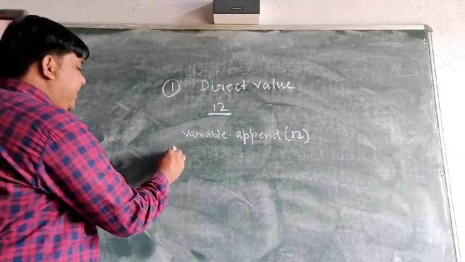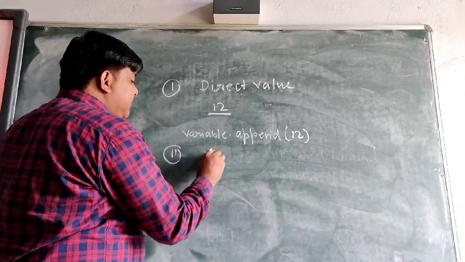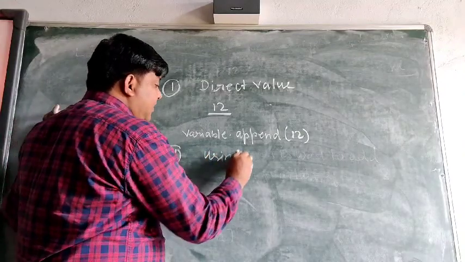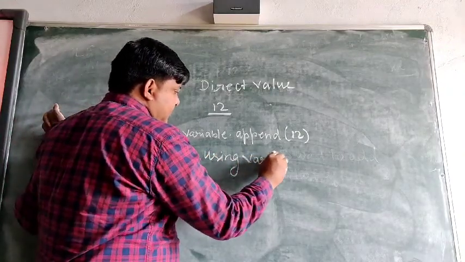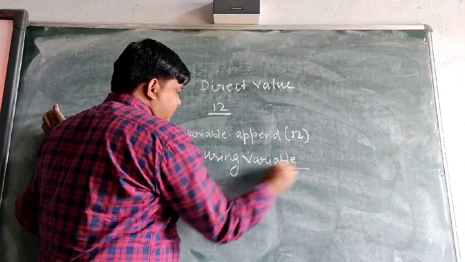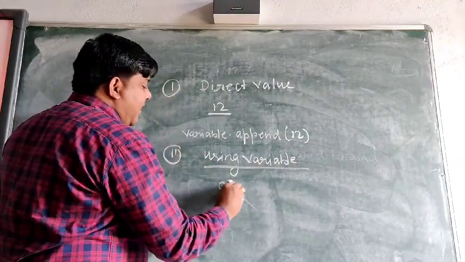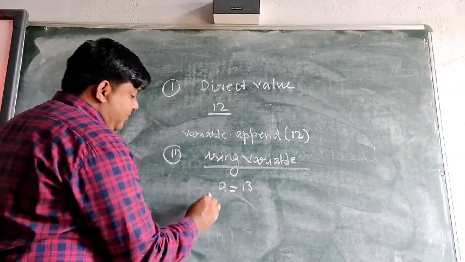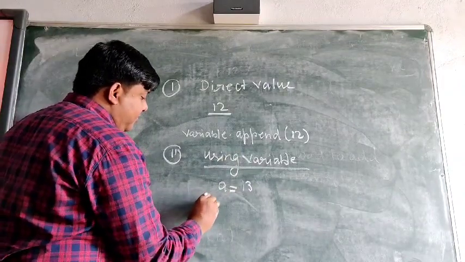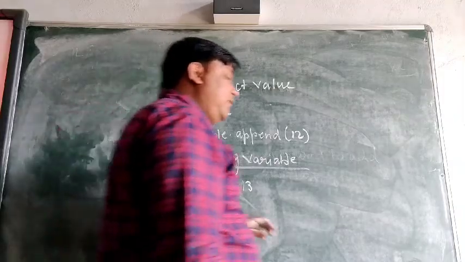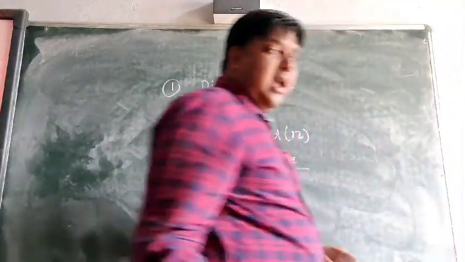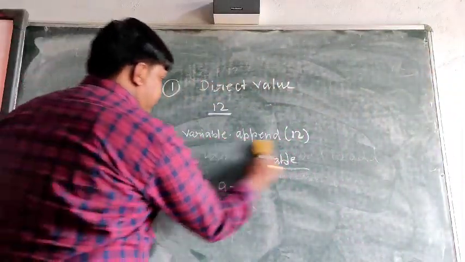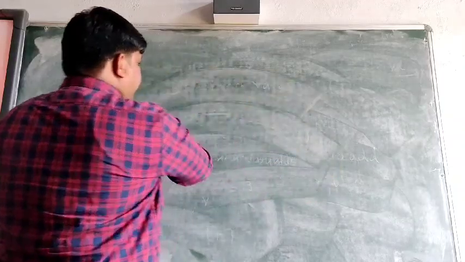Clear? The second way is using a variable. If we have a variable a is equal to 13 and we are adding it here, wait, I will show one example. Look here.